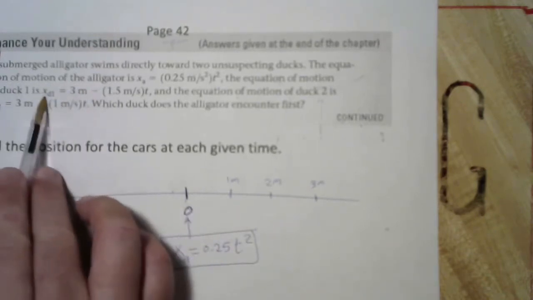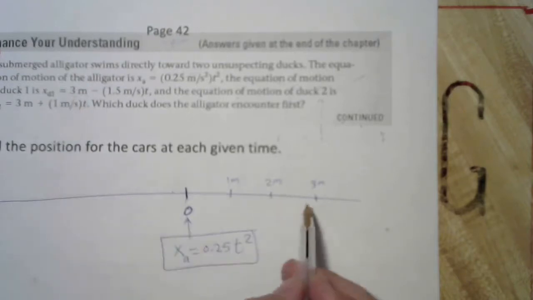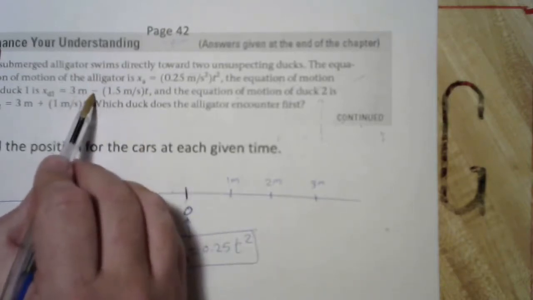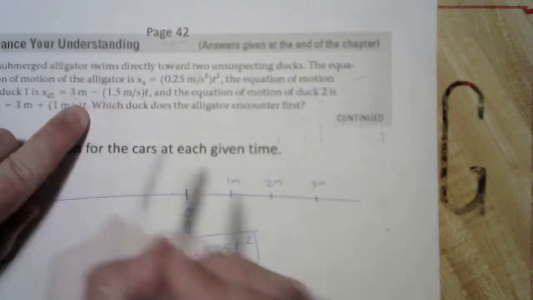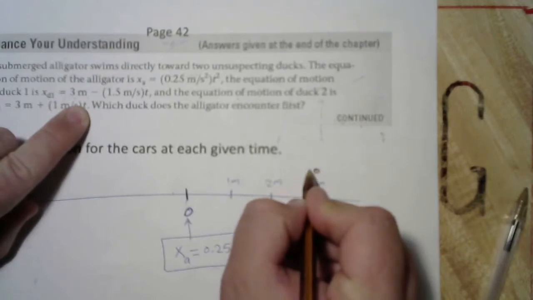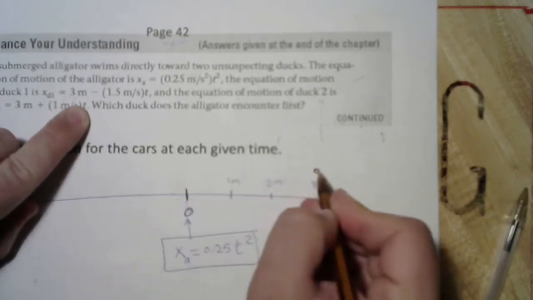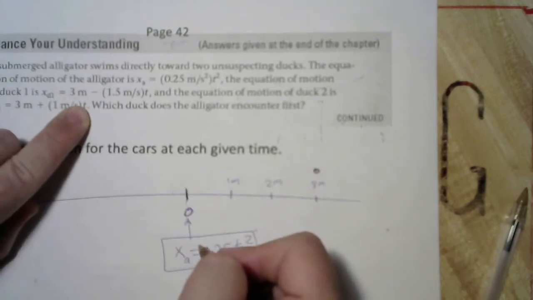The first one has a position at 3 meters, but its position reduced by this rate. So the first one, the position reduced, it is coming toward the alligator.